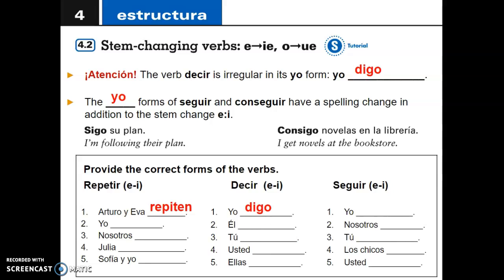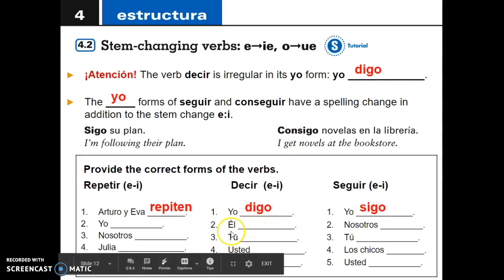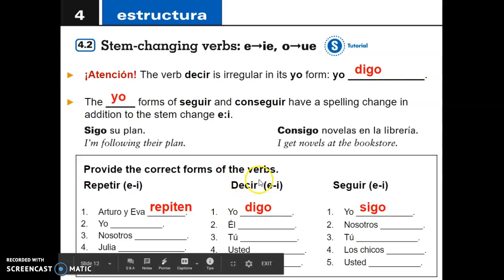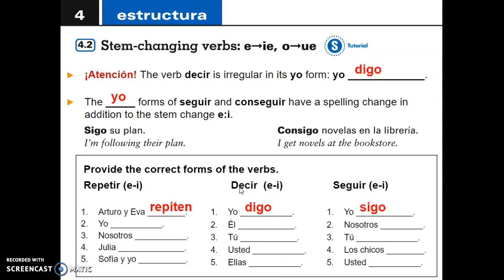Yo digo. And then yo sigo. I'm going to do number 2 for decir with you verbally. I don't have this on the slide for you. Él dice. So the whole conjugation of this one, remember we have the stem change, so it's digo, dices, dice, decimos, decís, and dicen.